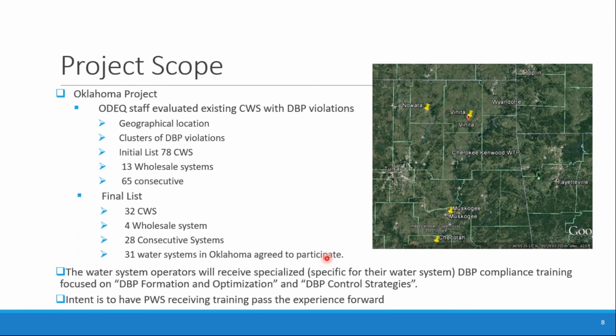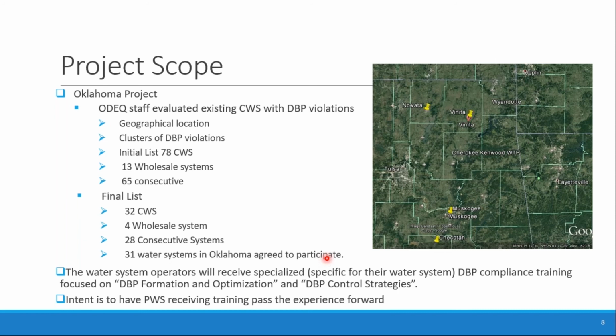So when we started working on this project with Oklahoma, the Oklahoma Department of Environmental Quality, ODEQ staff, started evaluating and looking at historical data that they have for the community water systems with disinfection byproduct rule violations.